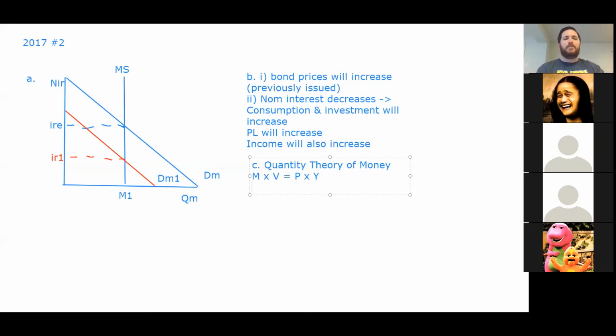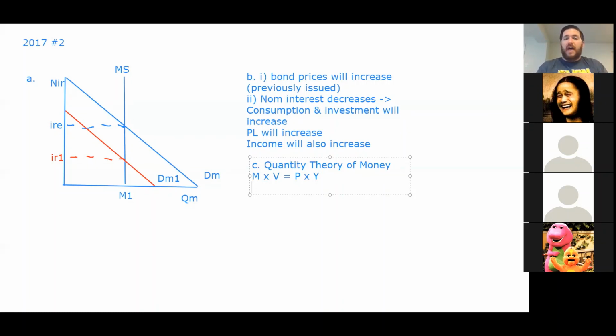That's not necessarily going to help you answer this question. So in this question, all of the variables have actually already been impacted for us, and the one that hasn't, they've given us what's going to happen. So in the question, it says that if M is constant, so if the money supply remains constant, what happens to the velocity of money? Well, in our previous answers, since interest rates decreased and aggregate demand shifted to the right, we know that P, the price level, is going to increase.